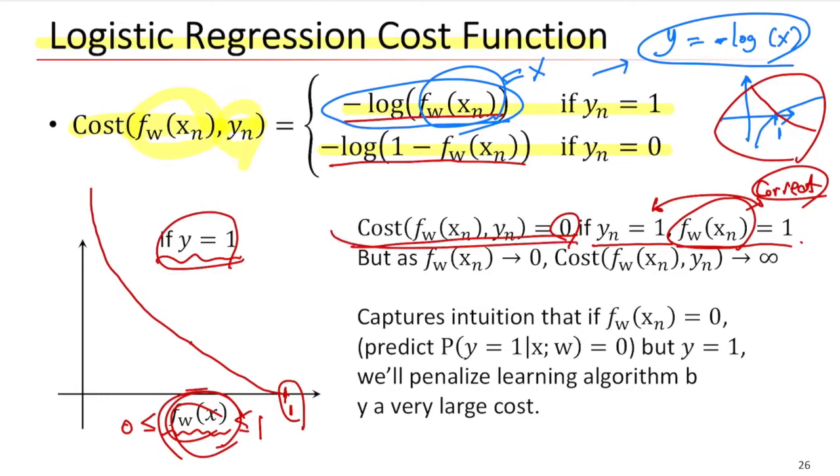In this case, the cost is 0 because there's no penalty for this sample. But if the output of the mapping function is close to 0, the difference between the ground truth and the estimated value is larger.